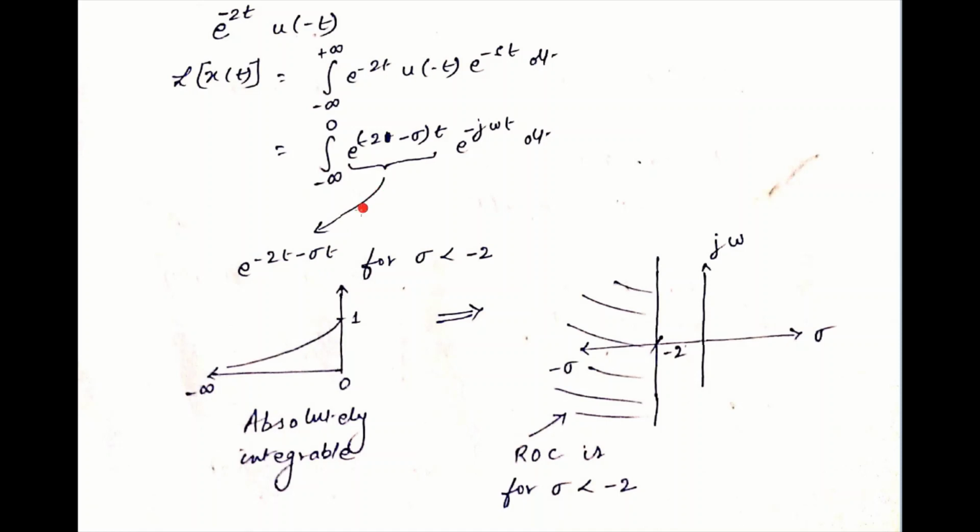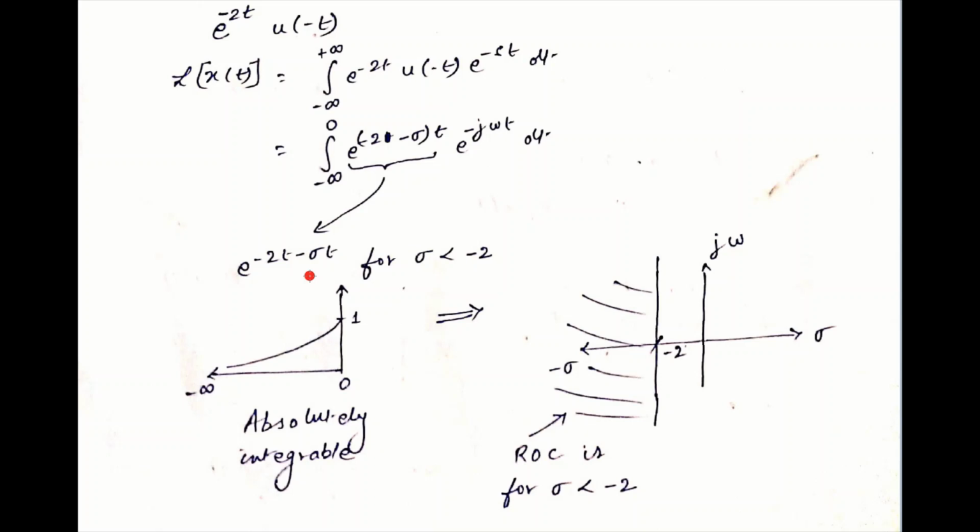So we focus on the function e raised to the power minus 2t minus sigma t. If sigma is less than minus 2, for example sigma is minus 3, so minus 2t minus of minus 3 becomes plus 3, and plus 3 minus 2t becomes t. So the overall function becomes e raised to the power t.